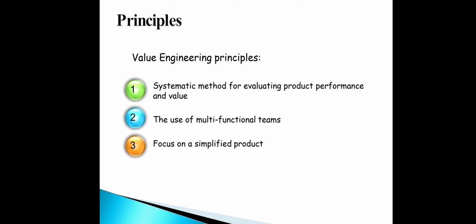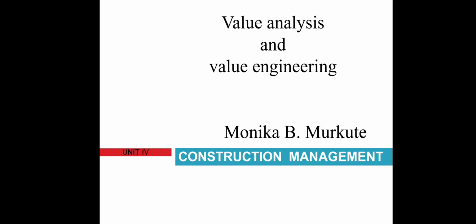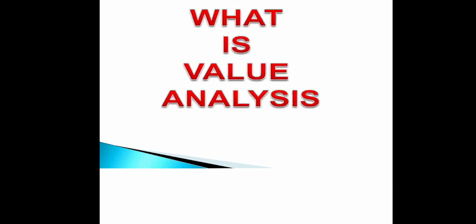Value engineering is applied to problem solving, strategic planning, new product development and re-engineering efforts, and it is achieved by an interdisciplinary team, a formal job plan, trained facilitators, functional analysis and a documentation process. So that is about the value engineering process, and the next one is value analysis.